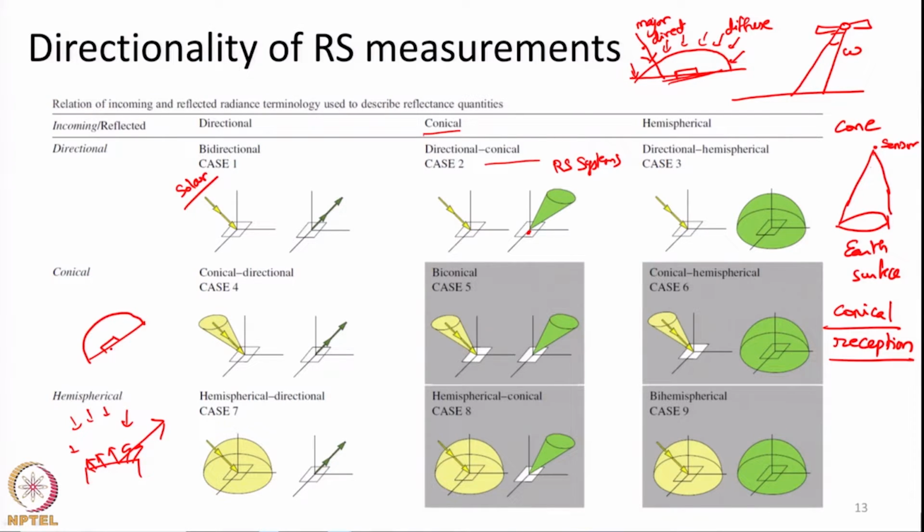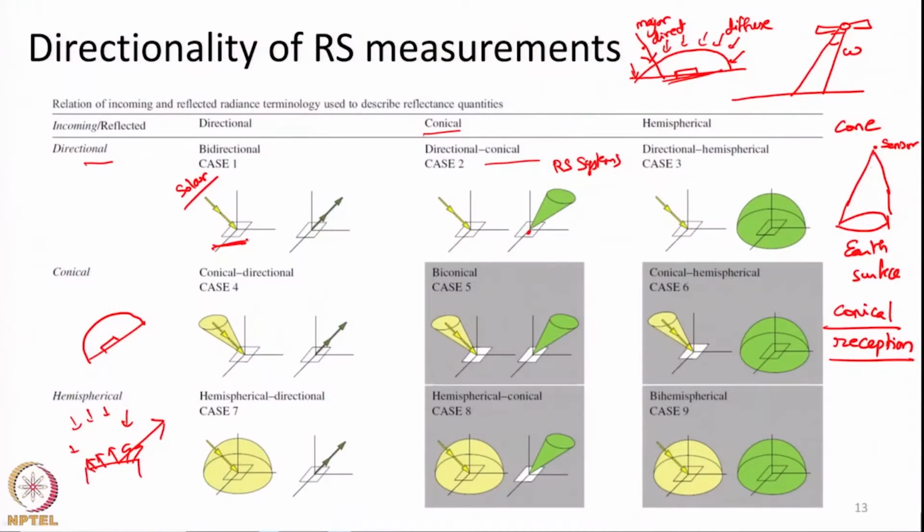So, what I want to say is that the incoming direct radiation from the sun can be treated as coming from one particular direction. So, we call that incoming energy directional. But this is only an assumption.